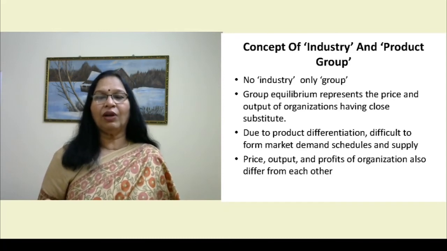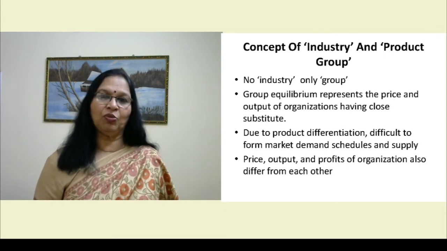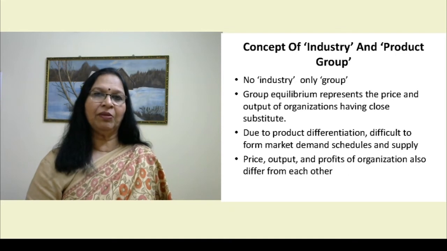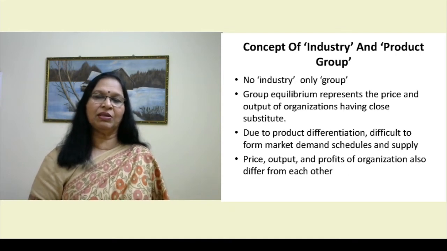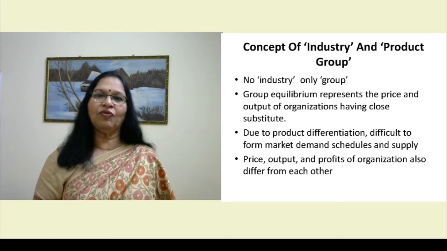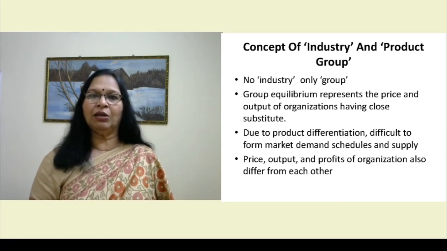There are a variety of goods that form that fast moving consumer goods industry, as the word is applied in marketing language. But as far as we are concerned here, we are only talking about a group. A group is those firms which are producing similar commodities.